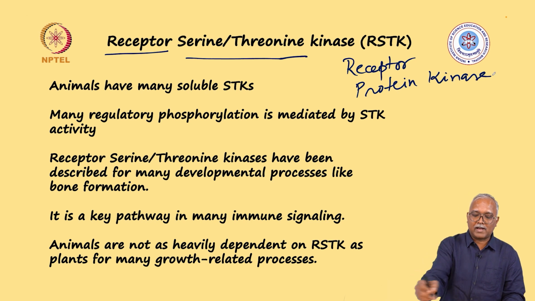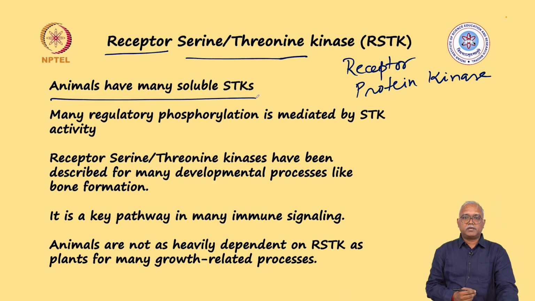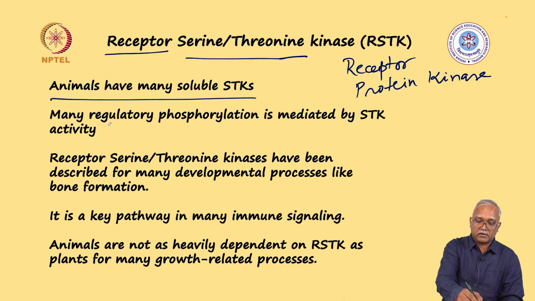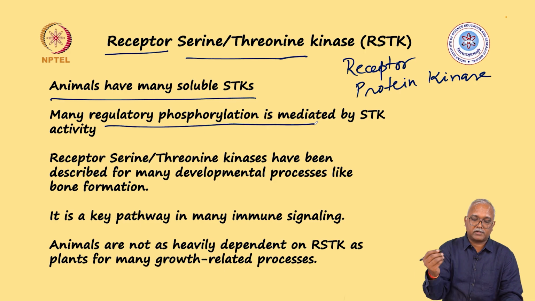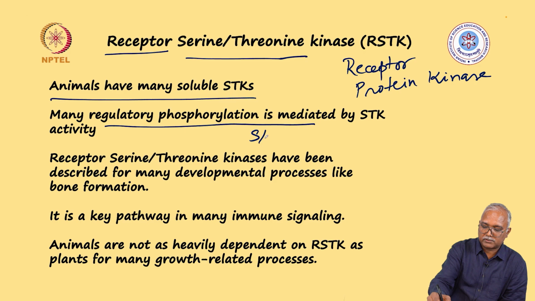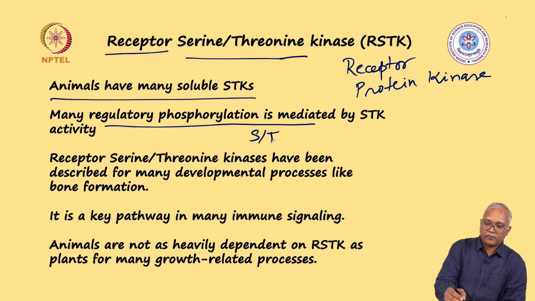And the serine-threonine kinase activity is present in a lot of soluble serine-threonine kinases, which makes it the most prevalent kinase in the living world, and you will see a lot of regulatory phosphorylation happening on these serine and threonine residues, which is important for activating the signaling pathway.